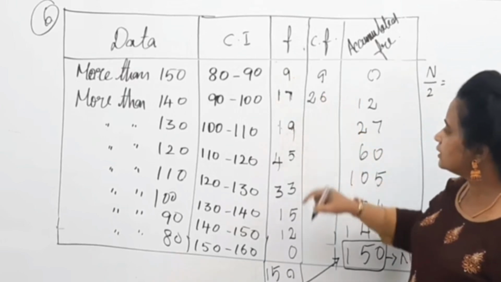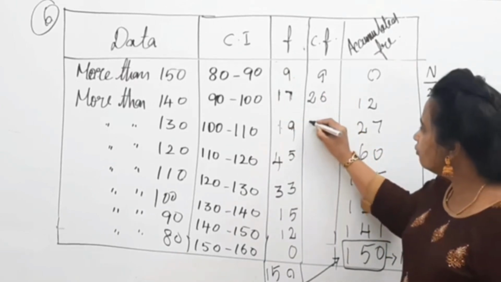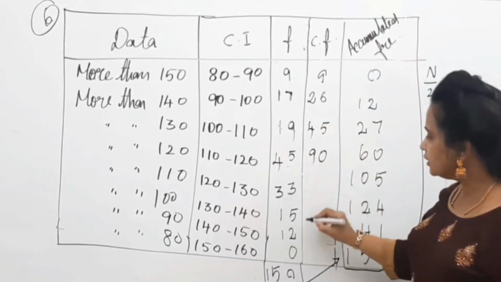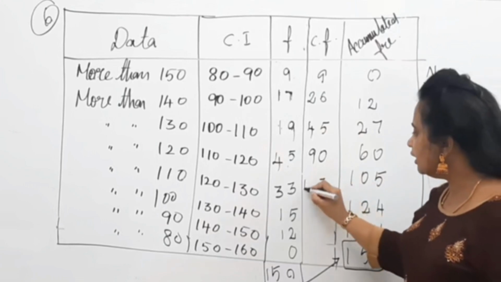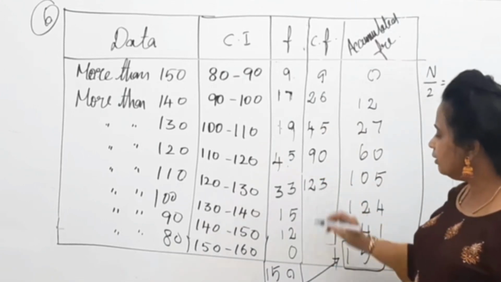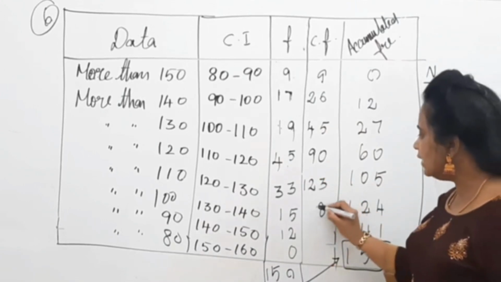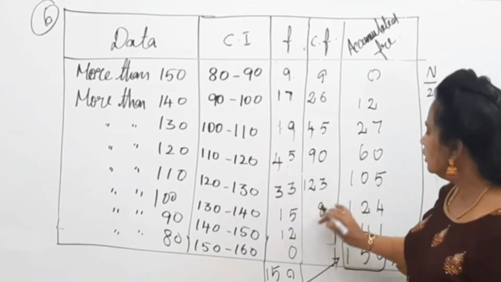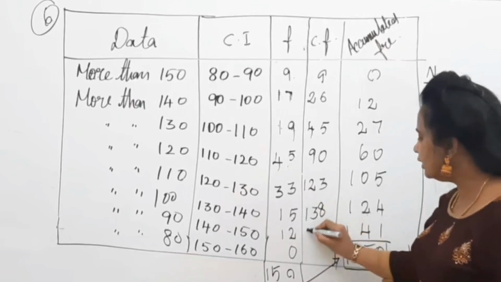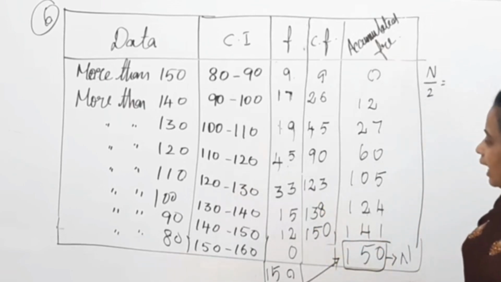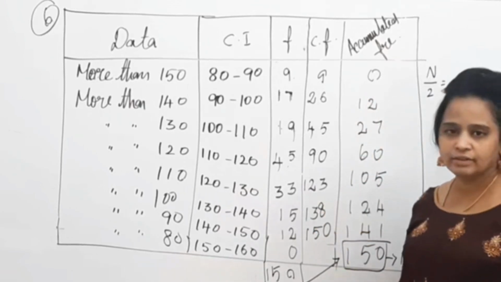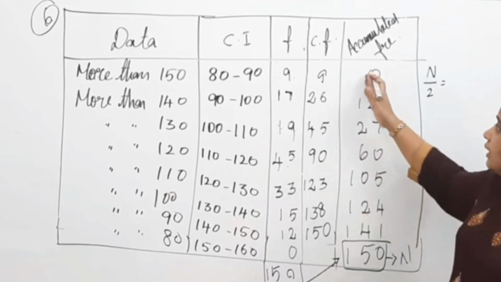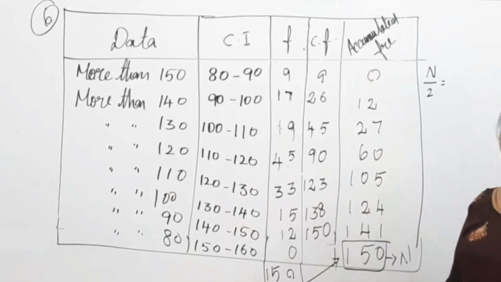So 26 plus 19 is 45. 45 plus 45 is 90. 90 plus 33 is 123, and then 15 plus 123 is 138, and this is 150. So I get all my cumulative frequency. It is exactly the same. So more than 150, it is already given 0 here. That's why I get my 0 here.